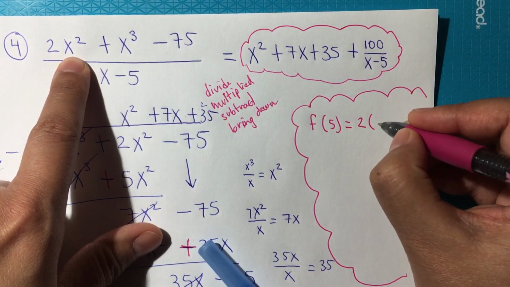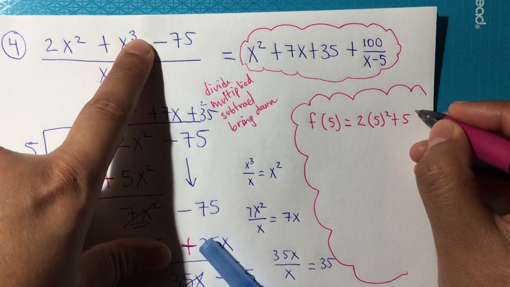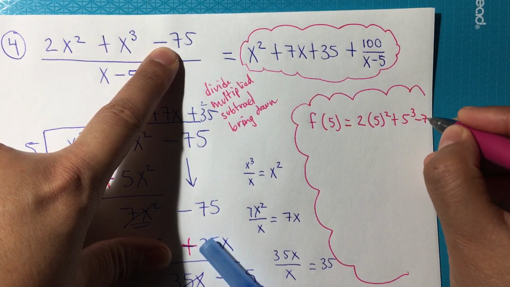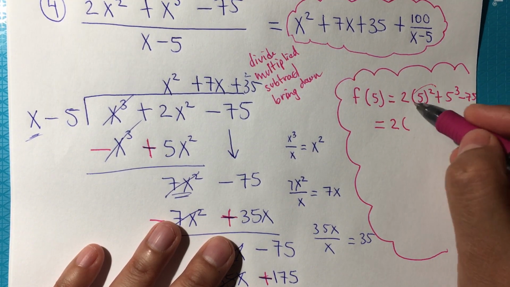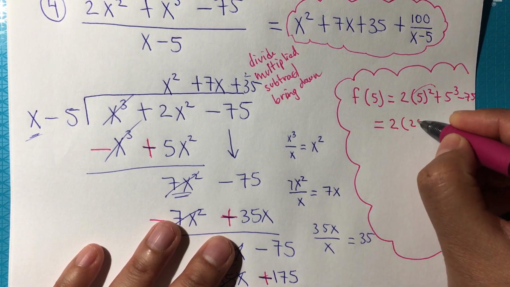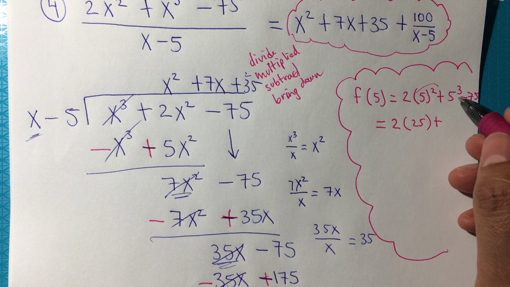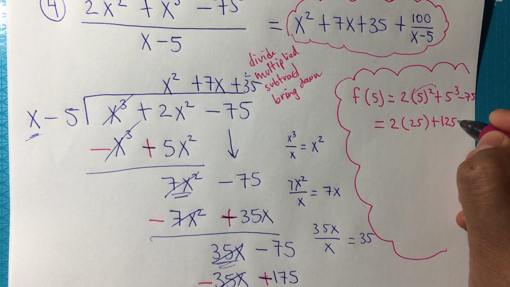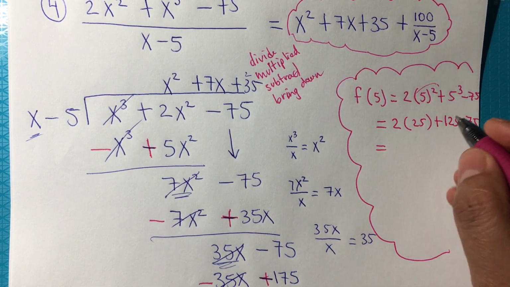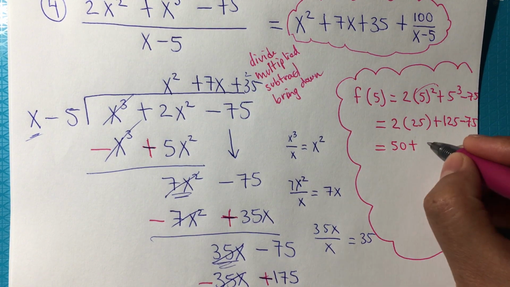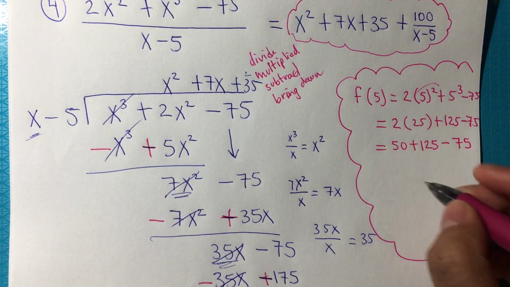So it's going to be 2 times 5 squared plus 5 cubed minus 75. That's 2 times, remember that we always raise the powers first, so 5 times 5 is 25, plus 5 times 5 is 25, times 5 is 125, and just bring down the minus 75. 2 times 25 is 50, bring down the 125, and the minus 75.